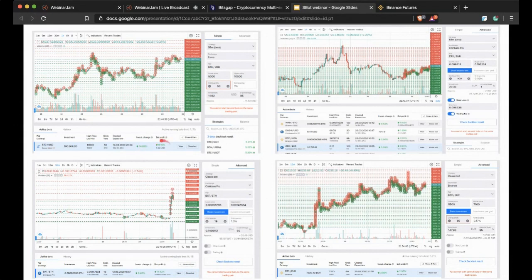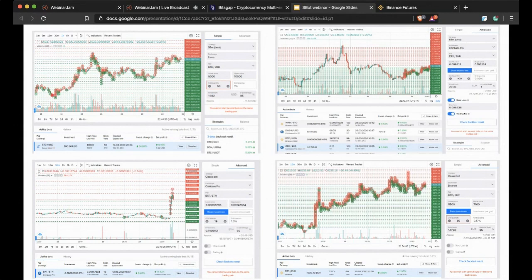So the bot profit is added to your total investment value change and is displayed right here. Basically, all you have to care about is the investment change, but also take into account the bot performance, so that you can see how the bot has added value to your investment. In this case, it's almost 50% of added value, of added profit maximization.